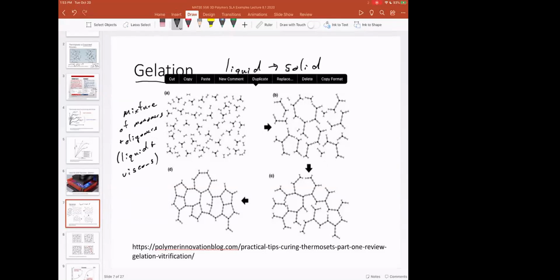Then as we start the reaction, we have polymerization. And you see in this diagram, we still have mostly isolated oligomers.